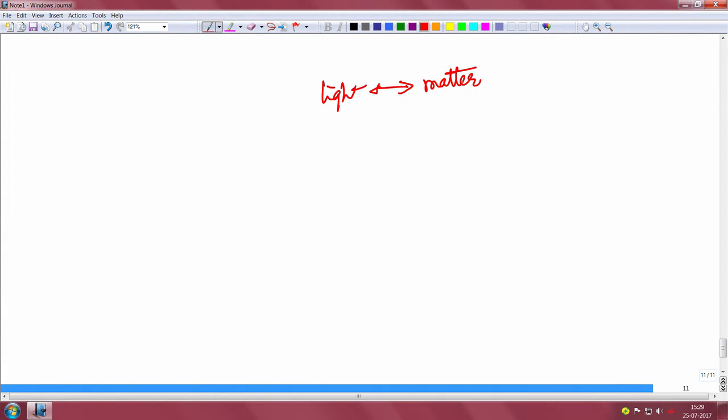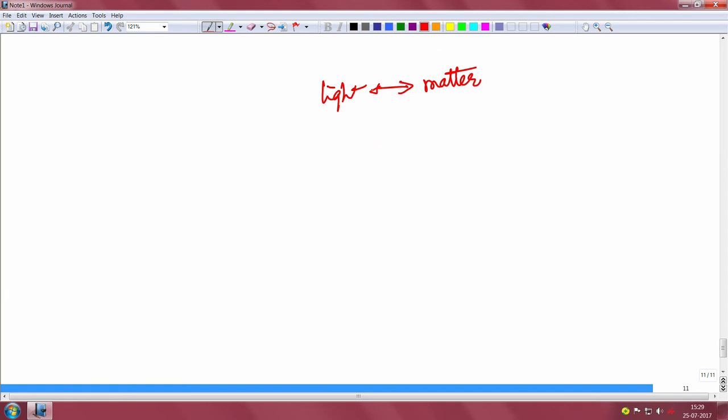For example, the electrons of the crystal, or if it is a semiconducting material for example, there will be interaction with the light and matter leading to many other effects like the electro-absorption effect, or control of the optical devices by injecting charge carriers into the active region and so on and so forth.